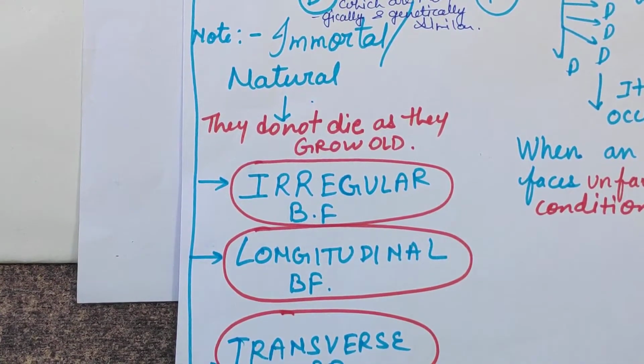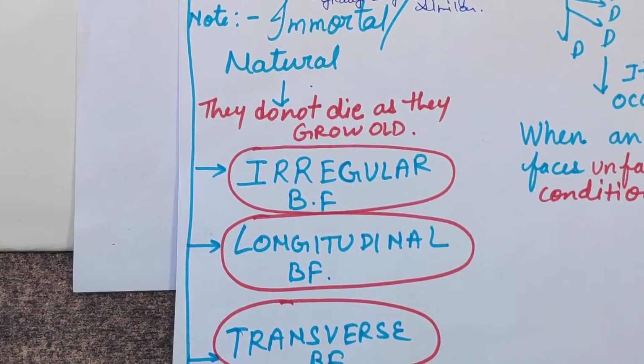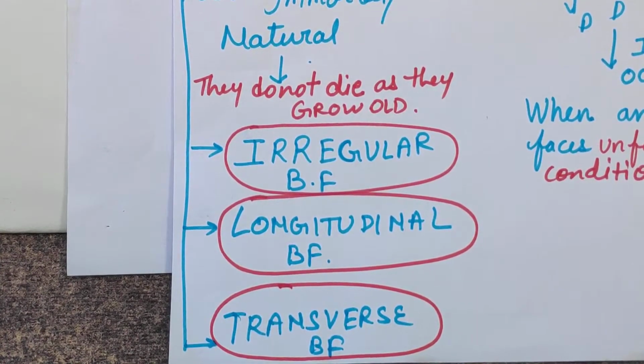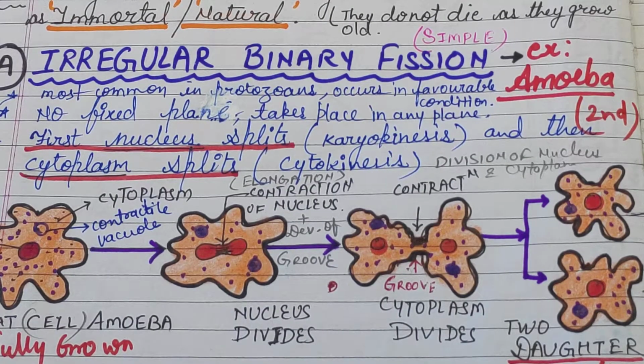Now binary fission is of three types: irregular binary fission, longitudinal binary fission and transverse binary fission. Okay, dear students, irregular binary fission is present in the amoeba. For example, amoeba. It is most common in protozoans and occurs in favorable conditions.